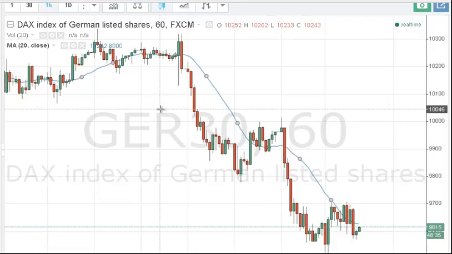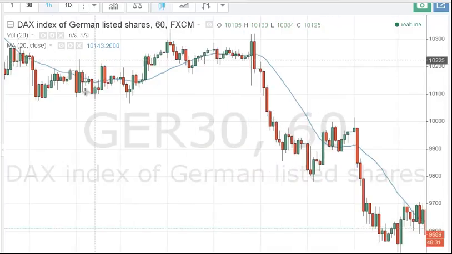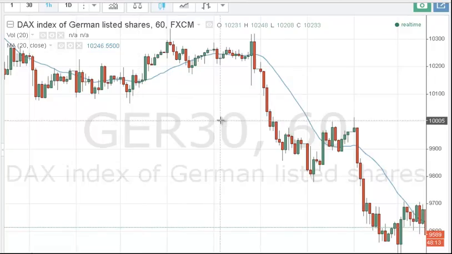So let's go back a bit. So say you were in the market here. That seems to be the bottom. That seems to be the top. So using the same method, I'd put in an order there. I'd be looking to sell at 10,000 and take profit at 9,850.